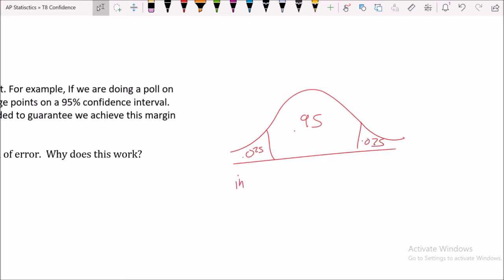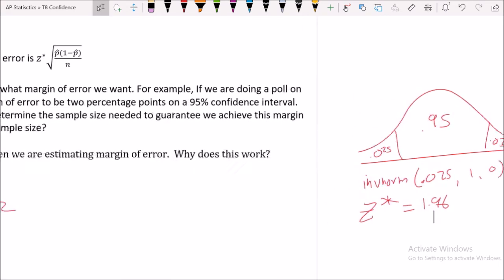Once again, same calculation, inverse norm, 0.025 is the area, 1 and 0. And when we type that in, we get something that rounds to about 1.96. So now we know the critical value for a 95% confidence interval.